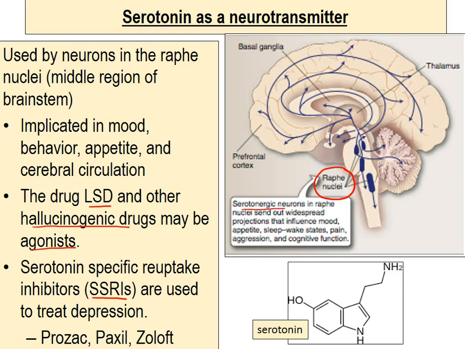There are many different receptors known for serotonin, so it has diverse functions, and many different drugs target these receptors. We talked about depression, anxiety, appetite control, and even migraine headaches can be treated by SSRIs.